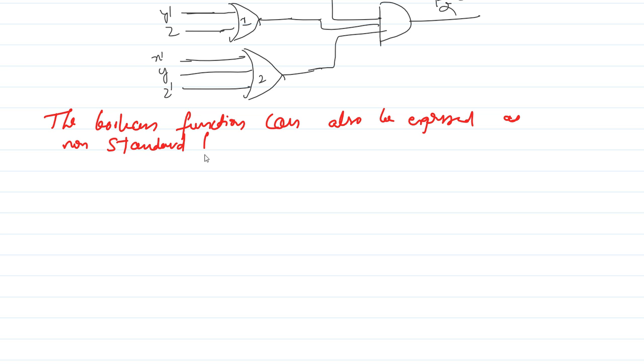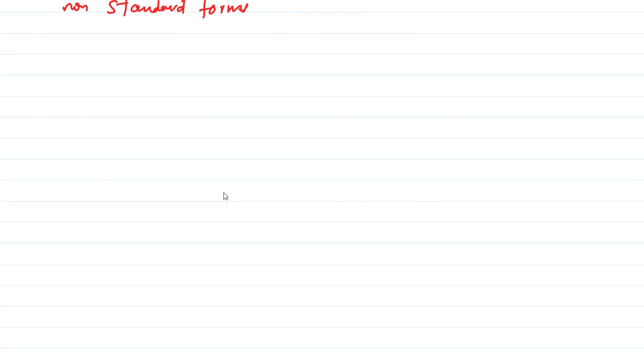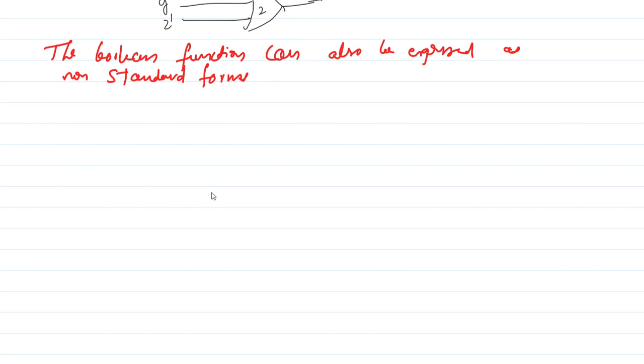Then what is this non-standard form? Non-standard forms are the forms which are neither sum of products nor product of sums. That kind of term is called a non-standard form. For example, I write one example here and you will understand what this non-standard form is.